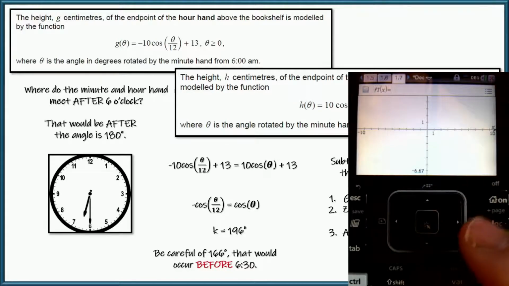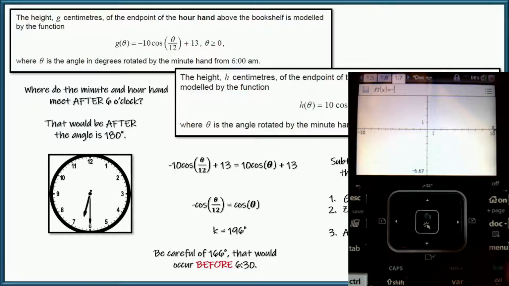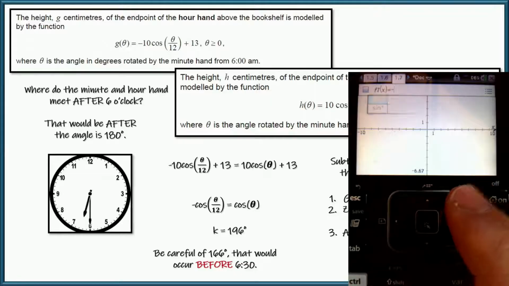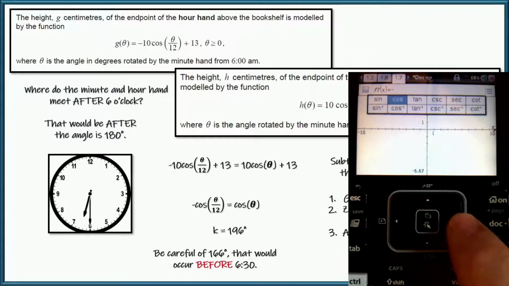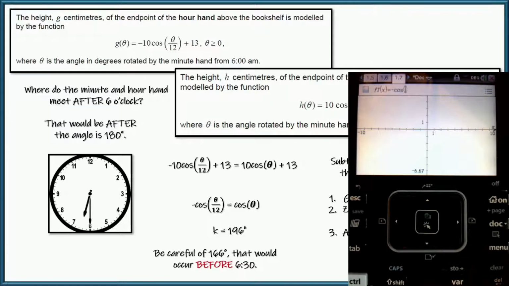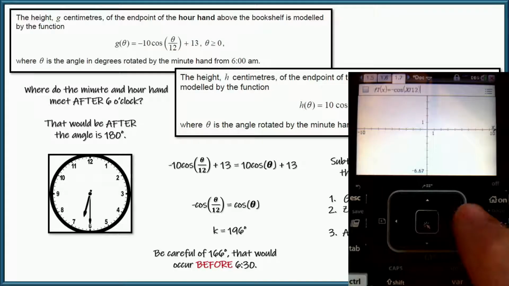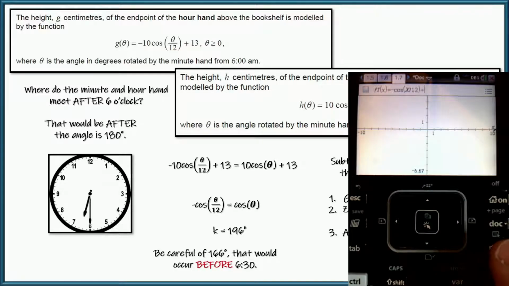This is a little tricky, but I've got negative, I don't need 10, negative cosine of, what do we have? Theta. So I'm just going to use x over 12 plus 13.